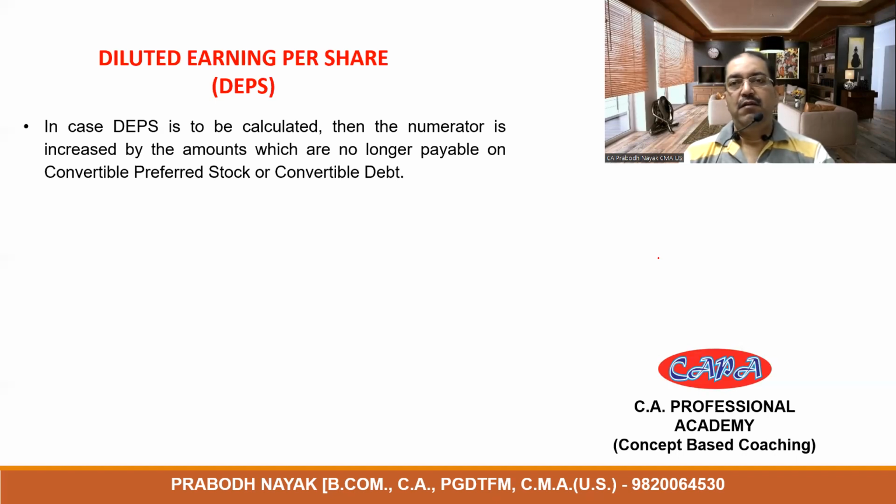There is a possibility that there may be some stock warrants, some options, some convertible preferred stock, or some convertible debentures or convertible bonds issued by the company, where the company says after a particular period of time you may convert these bonds or preferred stocks into common stock. They are convertible at a future date. So in future, my weighted average number of common stock is going to increase.